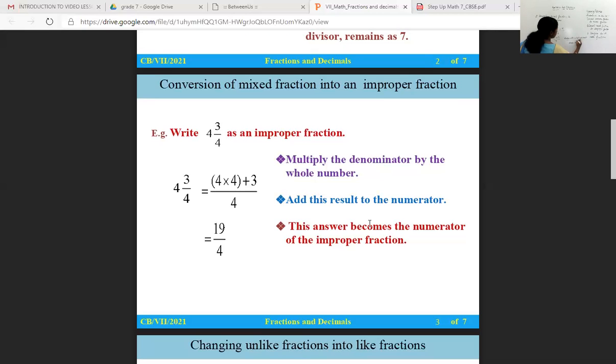This is the standard form. Denominator into your whole number plus the numerator gives you the numerator for the improper fraction.